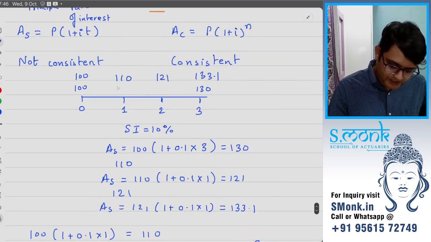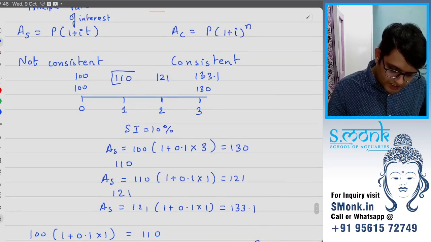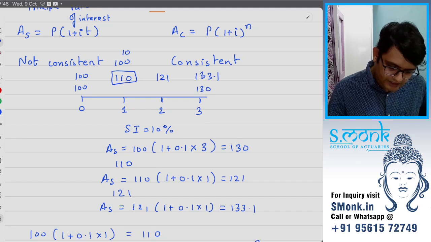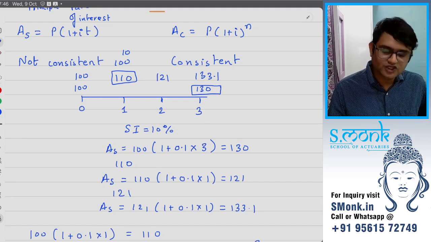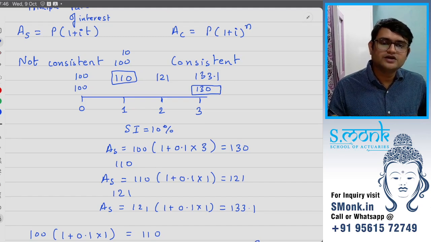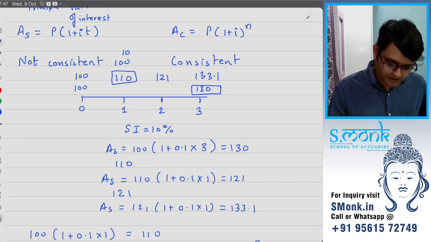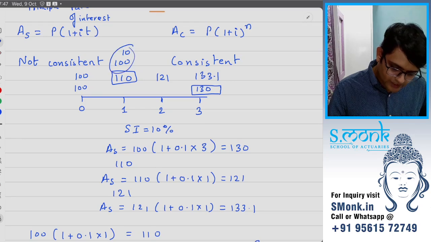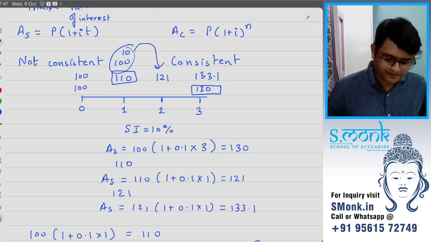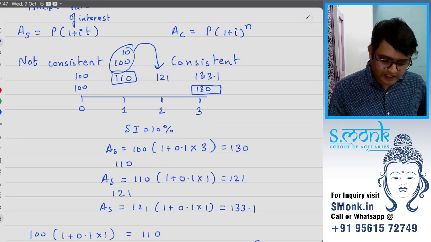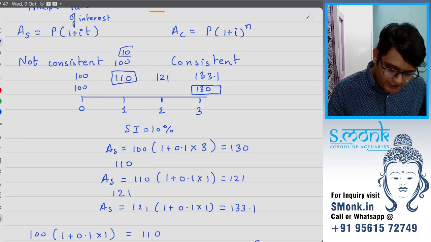Here what is happening is, in this 110, 100 is the principal, 10 is the interest. If you directly say this 130, you are only paying the interest on the principal. But here, when you are giving it as a loan again, you are paying interest on this 10 rupees as well.